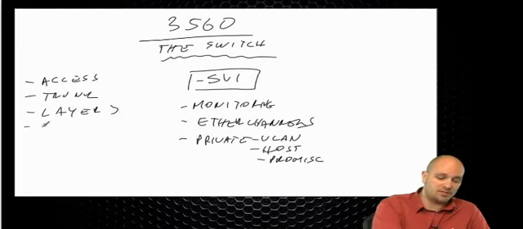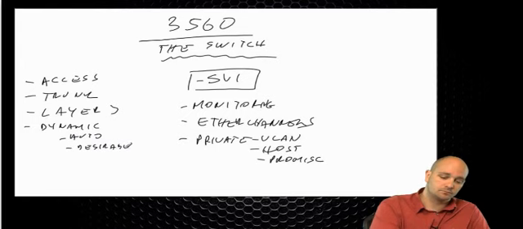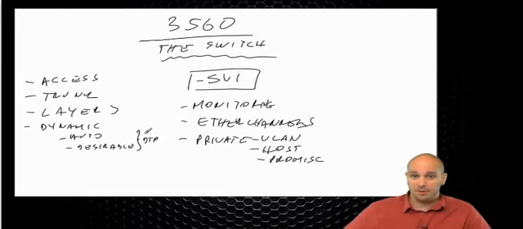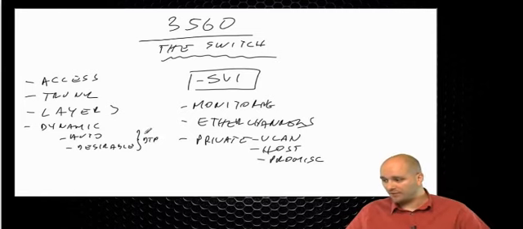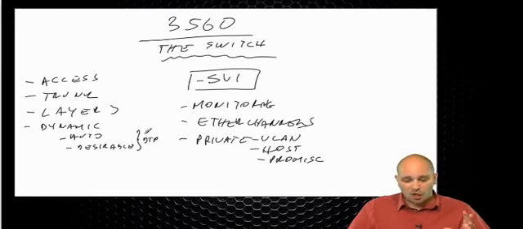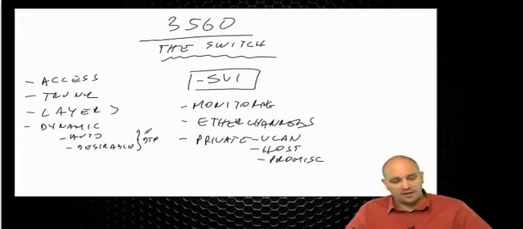What about, for example, dynamic interfaces that can be either auto or desirable, which is basically DTP. We can have that as well. So these are just some of the interface modes. And you can see that in about 30, 40 seconds, we have come up with these answers.